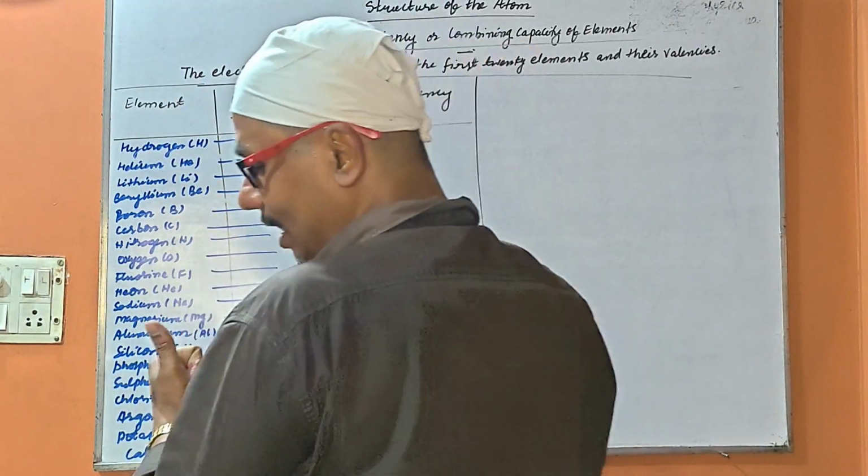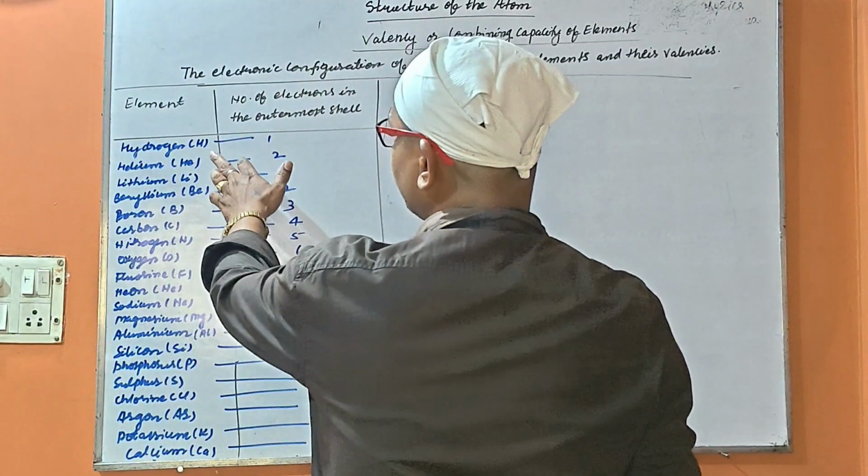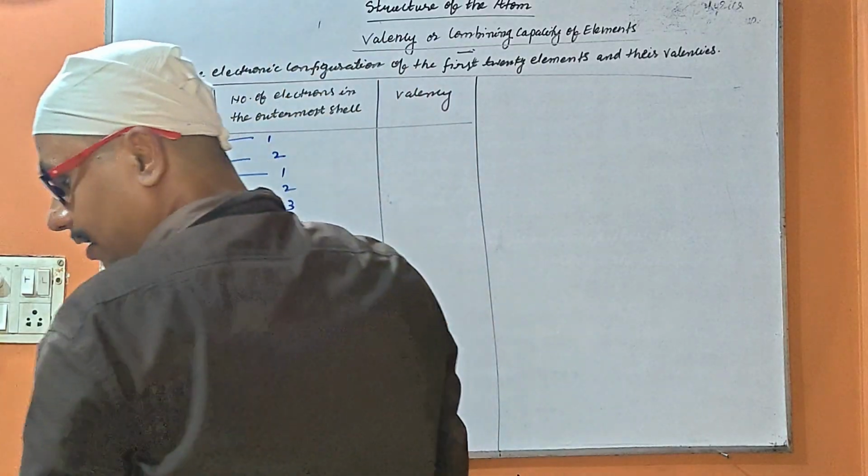So the number of electrons in the outermost shell gives the valency.